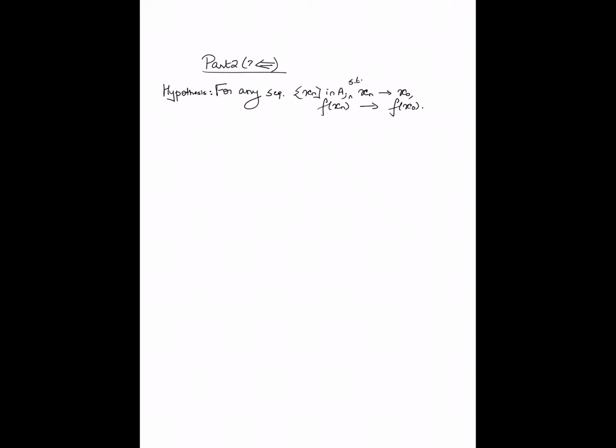We have to prove that in fact f is continuous, right? So for the sake of getting a contradiction, let me assume the contrary. To obtain a contradiction, suppose f is not continuous at x naught.